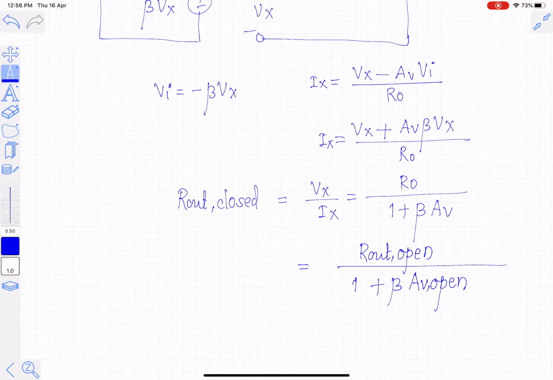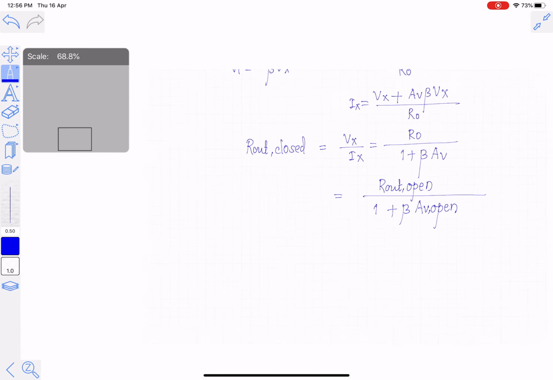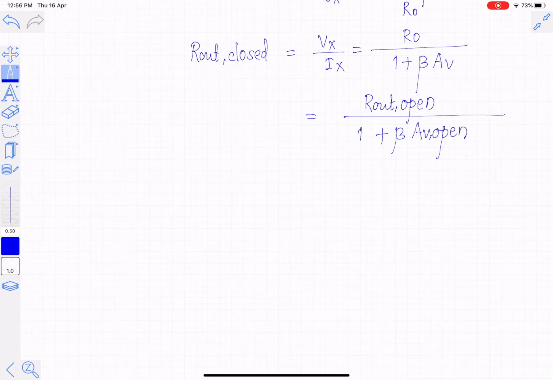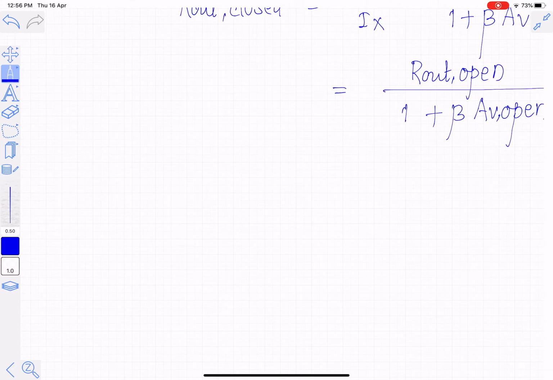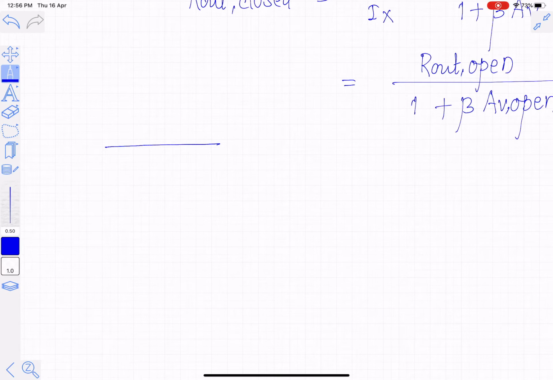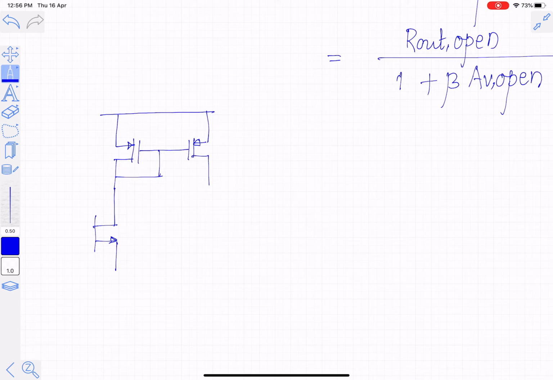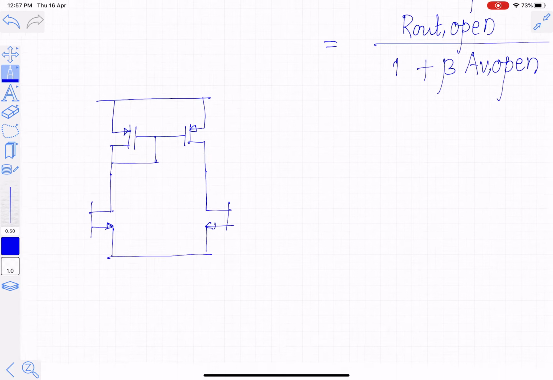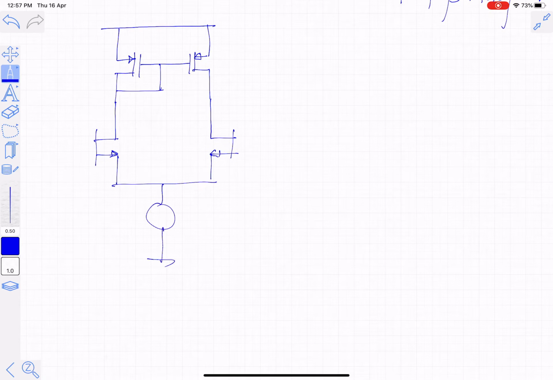Now with this we will see an example based on this ideal case. Suppose we take a single ended output differential amplifier. So this is a single ended output differential amplifier.